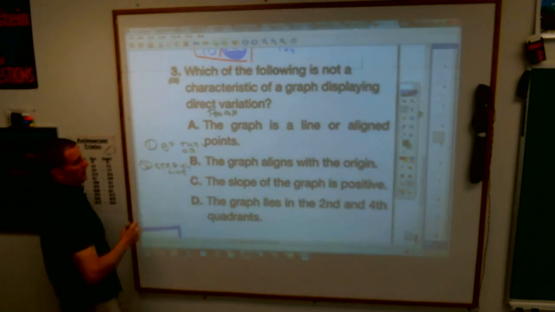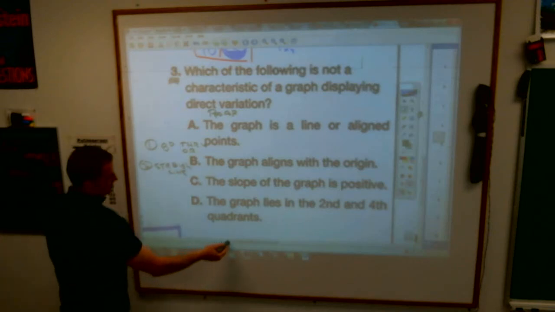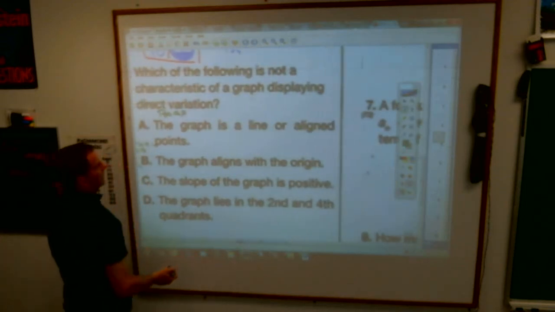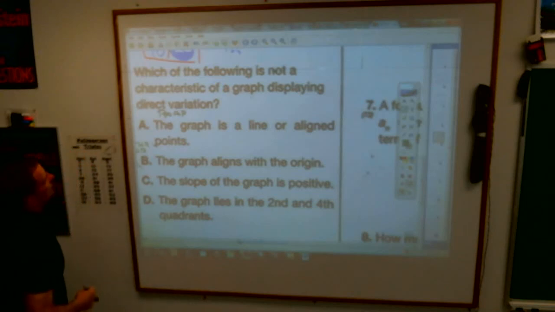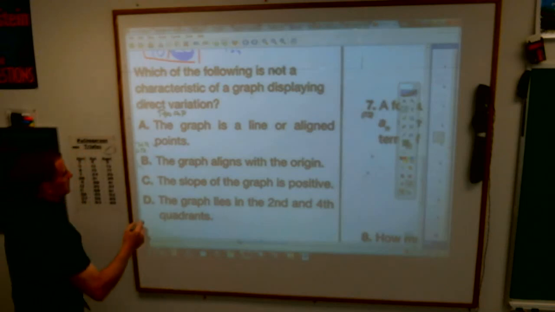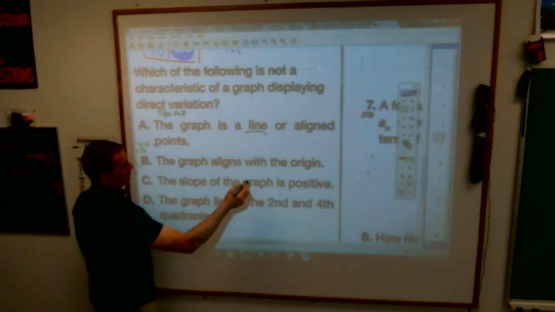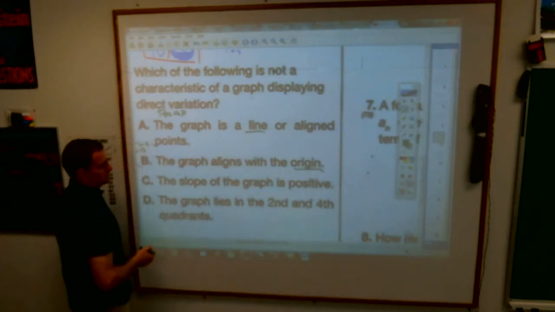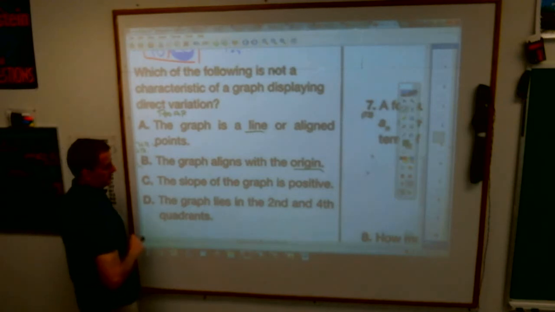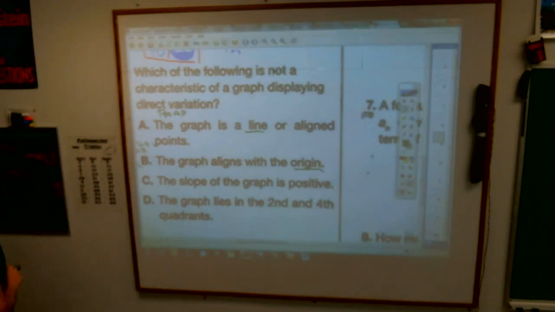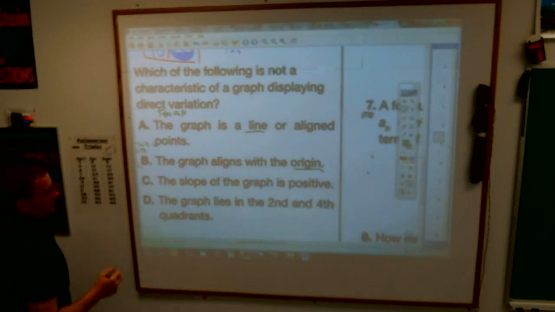So if that being the case, what does this say? The graph is a line. Which of the following is not? Yeah, it has to be a line, so that's true. It has to go through the origin, that's true. The slope of the line is positive. The line has to go through the second and fourth quadrants. Second and fourth quadrants. Let's think about that for a minute.